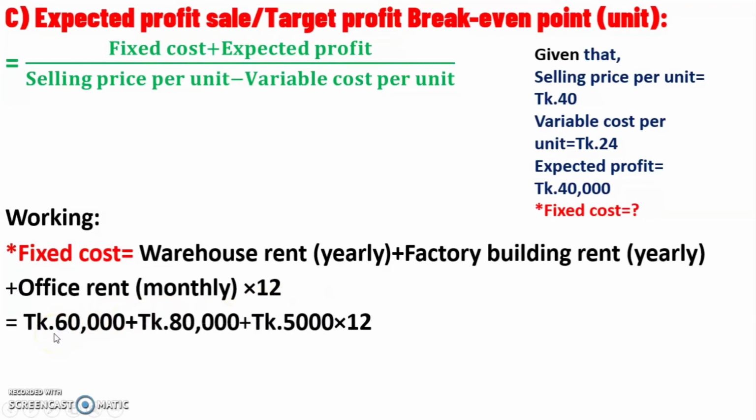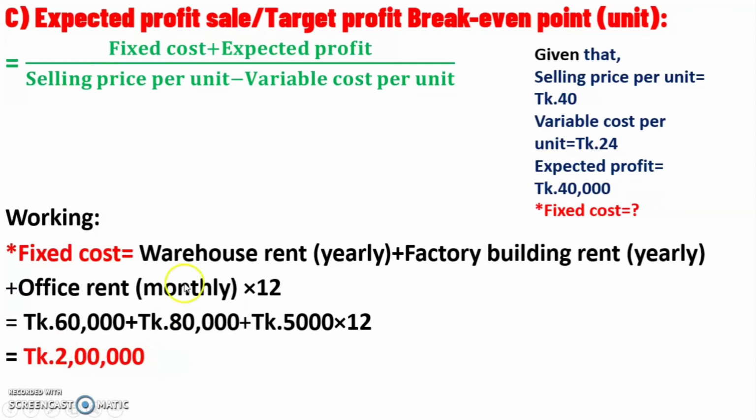Here warehouse rent yearly equals taka 60,000 plus factory building rent yearly taka 80,000 plus office rent monthly 5,000 into 12. So total fixed cost equals taka 2 lakhs.